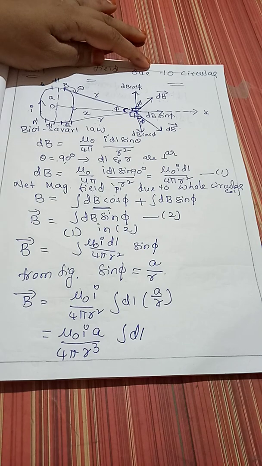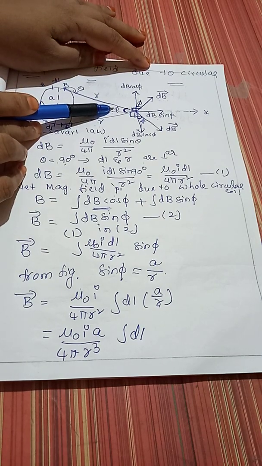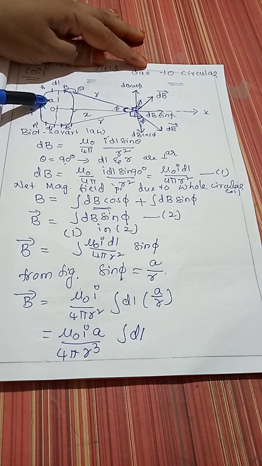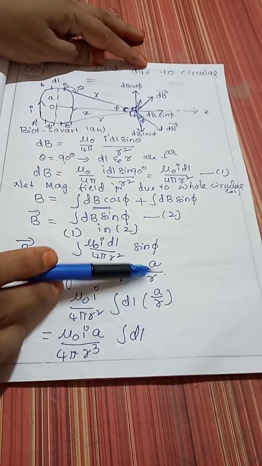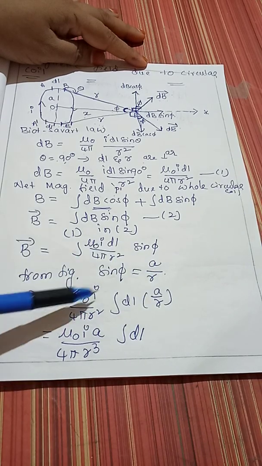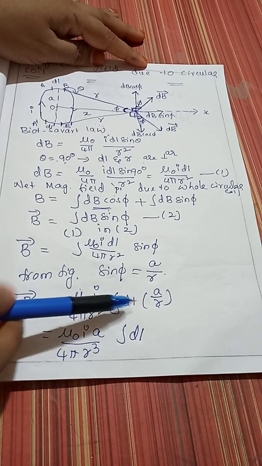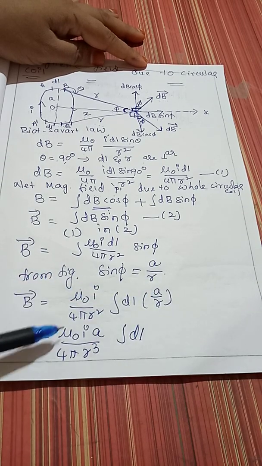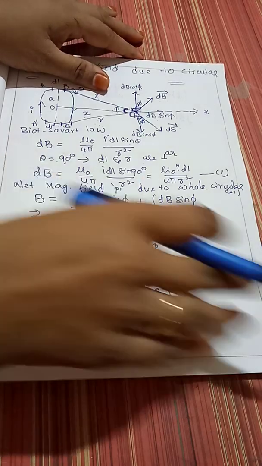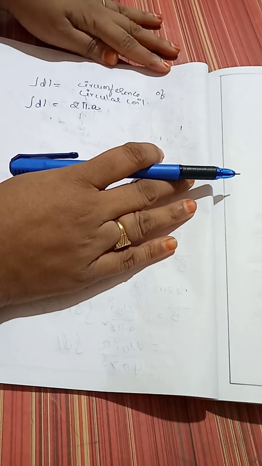From the diagram, sin phi is the opposite side a by the hypotenuse r, so a by r. We substituted a by r here. So we got mu naught I by 4 pi r square integral dl a by r, which equals mu naught I a by 4 pi r cube integral dl. Here integral dl is nothing but the circumference of the circular coil.